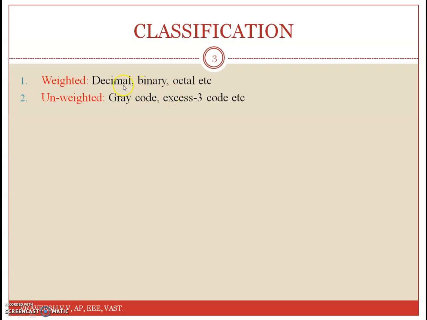Examples for such systems are decimal, binary, octal, where everything is based on some position value, so it is known as a weighted system. Unweighted means we do not have a specific weight for a particular position. Examples of that are gray code, XS3 code, etc.